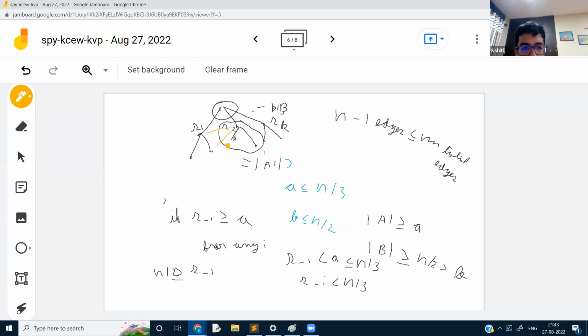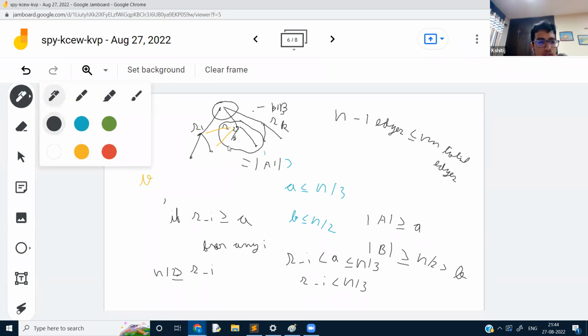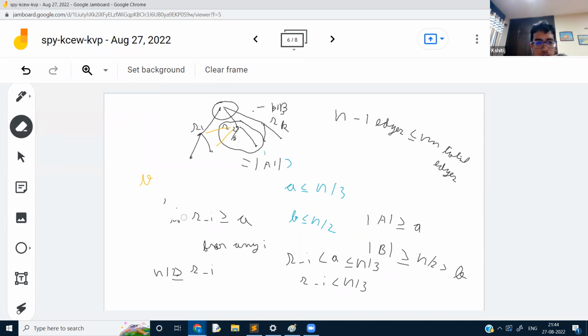Let these be some edges. This means that S1, a subtree of this, is connected to a subtree of this. So we basically build a new graph. We don't consider the edges from the centroid right now. We build a graph of k nodes.